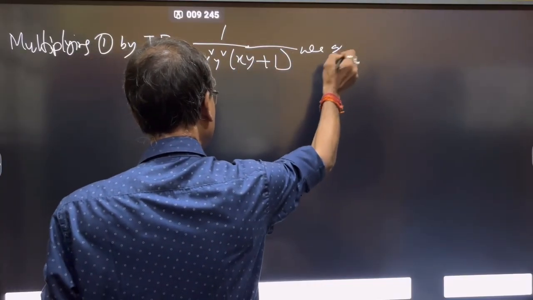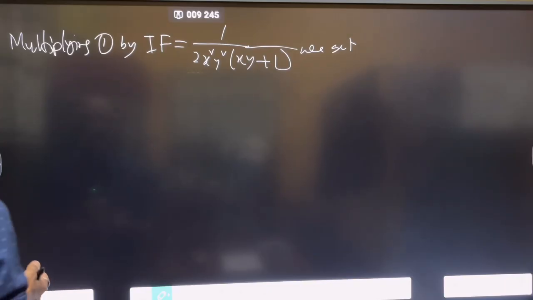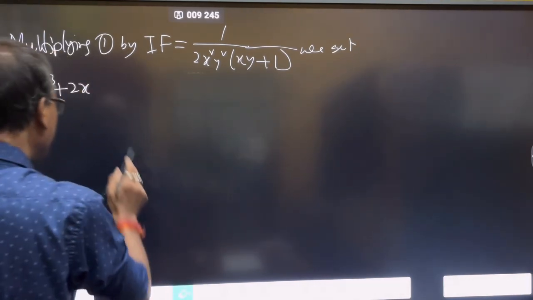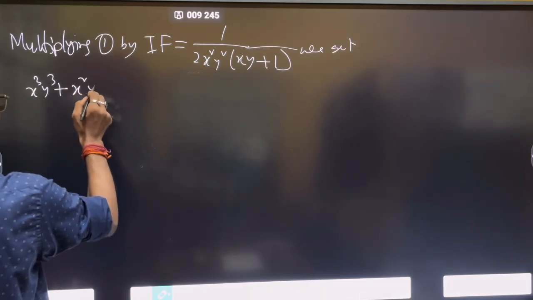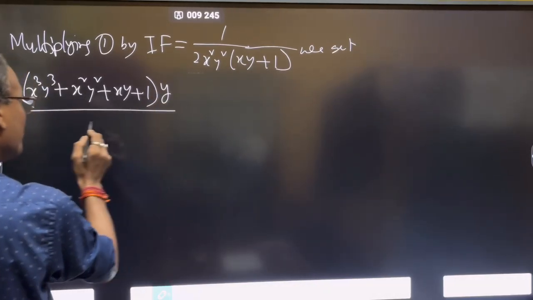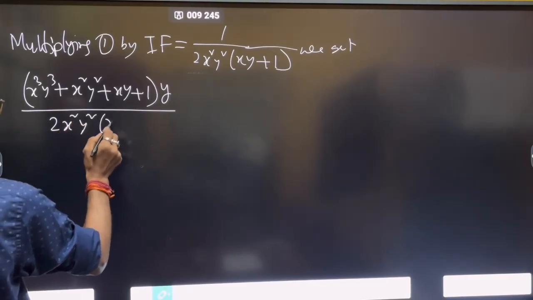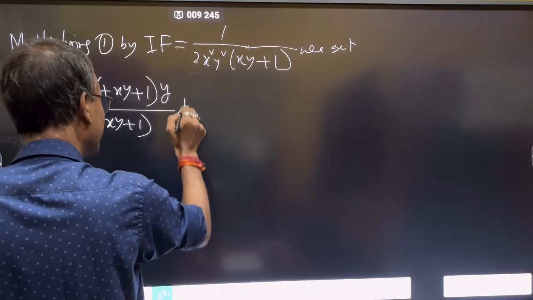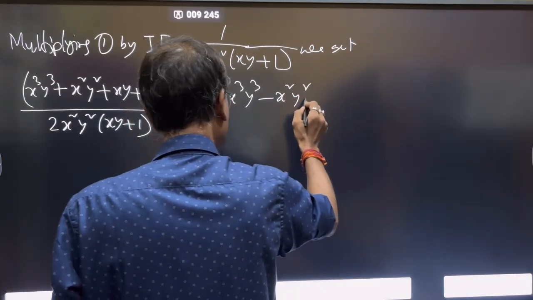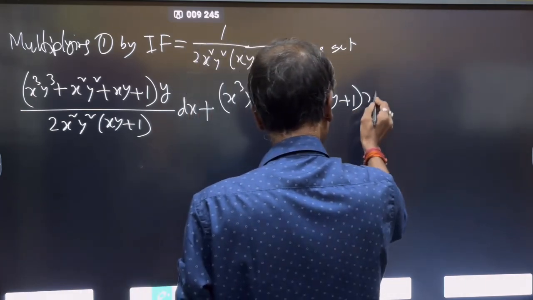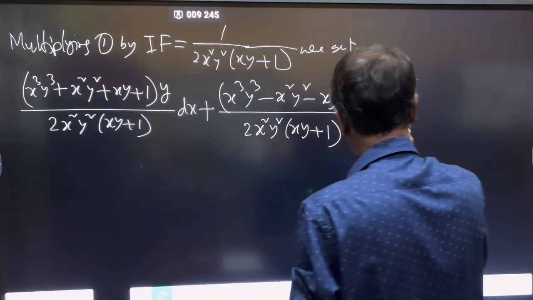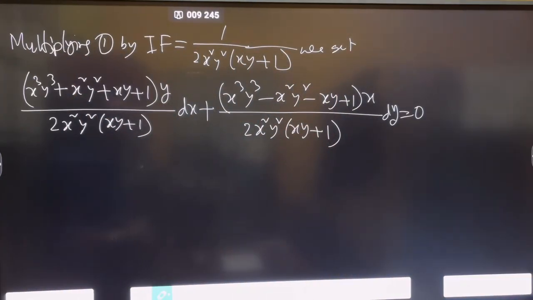We get (x cube y cube plus x square y square plus xy plus 1) into y divided by twice x square y square (xy plus 1) dx plus (x cube y cube minus x square y square minus xy plus 1) into x divided by twice x square y square into (xy plus 1) dy equal to 0.